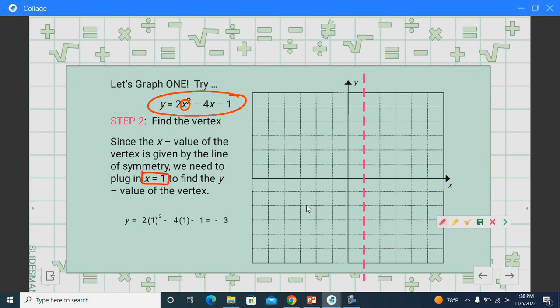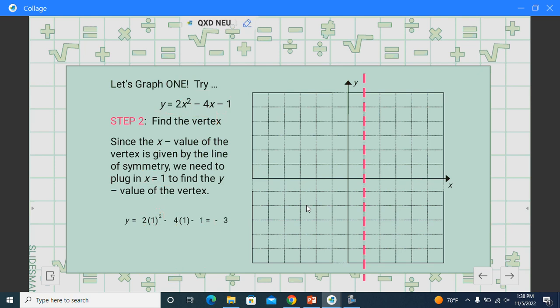That becomes 2 times 1 squared minus 4 minus 1. Why did it become negative 3? Because 1 squared is 1, 2 minus 4 is negative 2, minus 1 is negative 3.